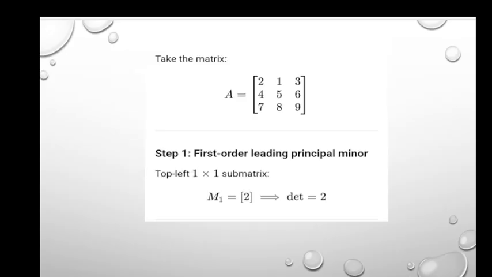If we are going to find the third order leading principal minor of this given matrix, n is 3, same, because order is 3, and k equal to 3. That is, n minus k equal to 3 minus 3. That is, we have to delete last 0 rows and last 0 columns. So that means we don't have to delete anything. That is, the third order leading principal minor is the determinant of the original matrix.